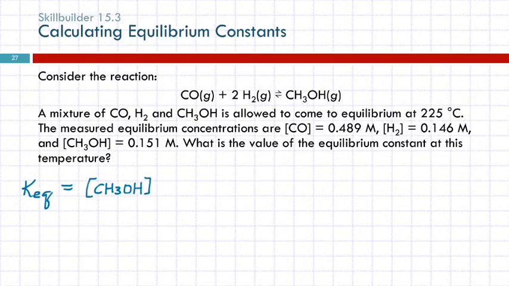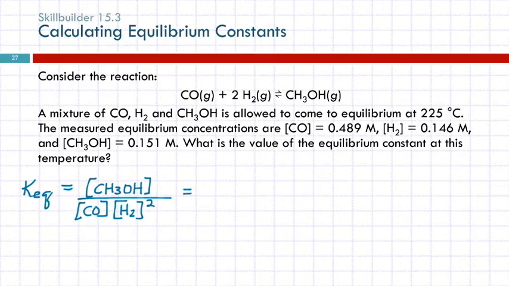When we put brackets around a chemical formula, what we mean is the concentration in moles per liter. That's going to be divided by the concentration of the carbon monoxide and the concentration of the hydrogen squared, because it's got a coefficient of 2.